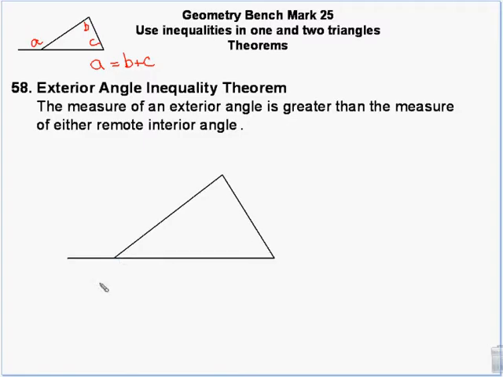So if I have the same triangle, if A is equal to B plus C, which we know for a fact is true, then A has to be greater than B and A has to be greater than C. Because if it's two things added together, it has to be bigger than each of those individually. Does that make sense?